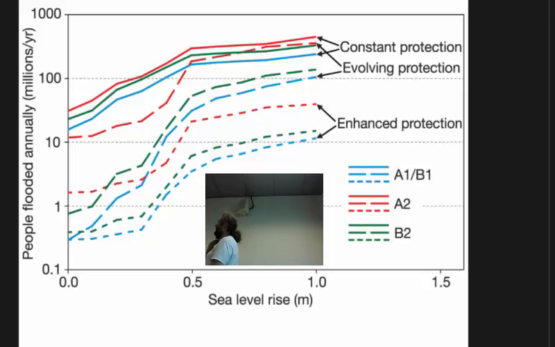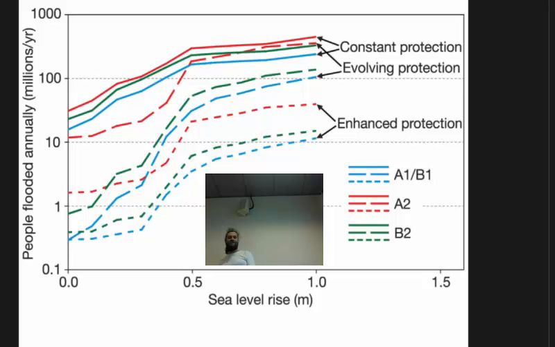And then we're looking at three alternative scenarios of how the future might unfold, and three alternative assumptions about how coasts would be protected. Let's focus on the red lines. The solid line assumes that dikes and levees and groins and beach nourishment and seawalls stay as they are now.